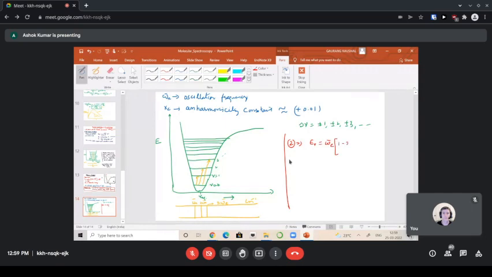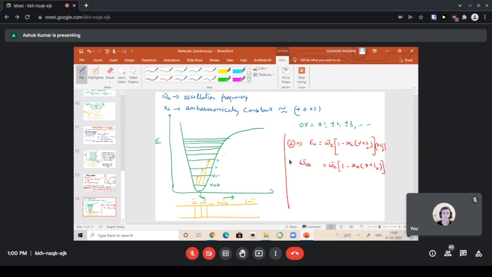Here XE is the anharmonicity constant. This is V plus half, and V plus half is taken outside as a common factor. Omega oscillation will be equal to omega E (1 minus XE (V plus half)).